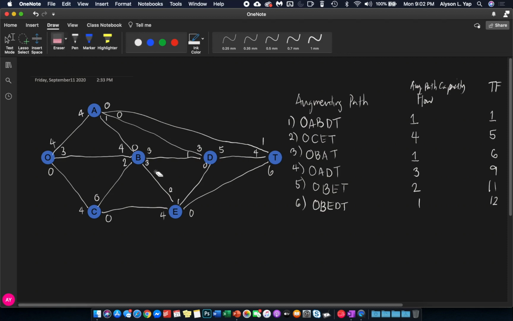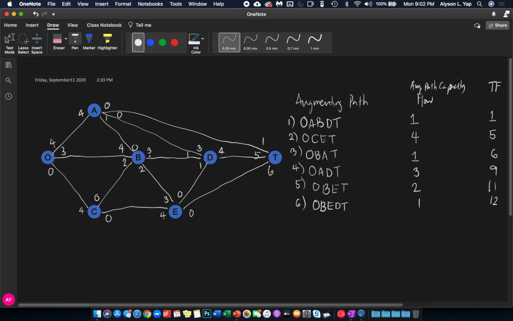BE. This becomes a 2, 3. Your 1, 0 becomes a 0, 1. And then finally, your DT, your 5, 4 becomes a 4, 5.